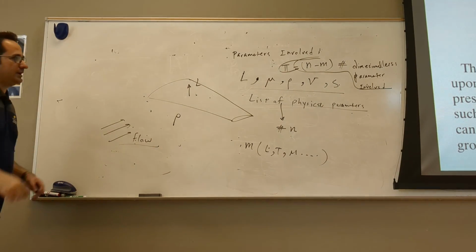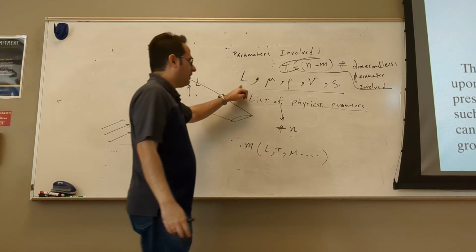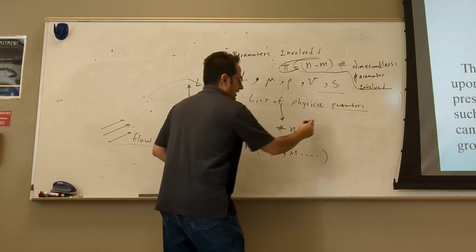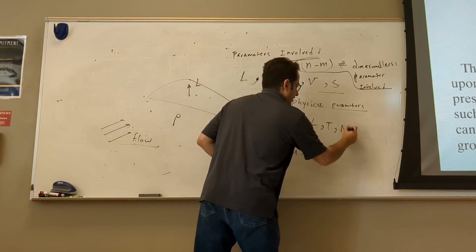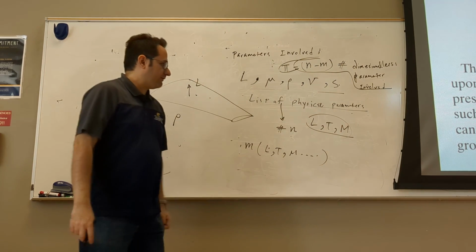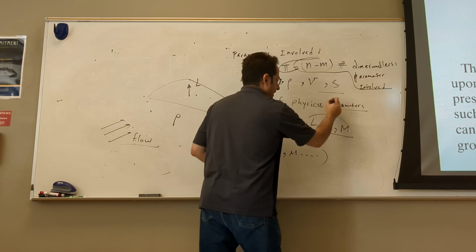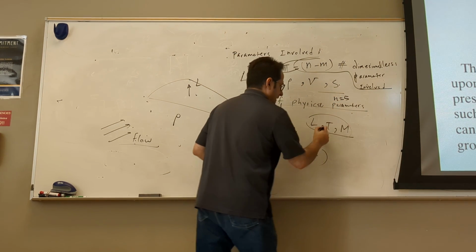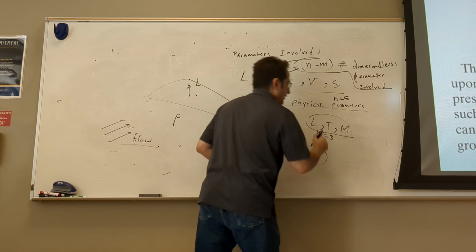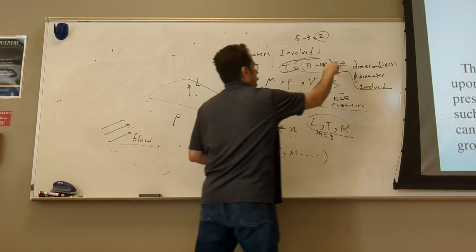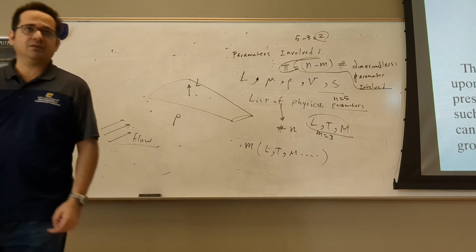Now look, for example, let's say I have 5 physical parameters, and I have basic dimensions L, T, M, these are my fundamental dimensions. So n in this case is what? 5. And m is what? 3. So 5 minus 3, 2. I have 2 dimensionless parameters.